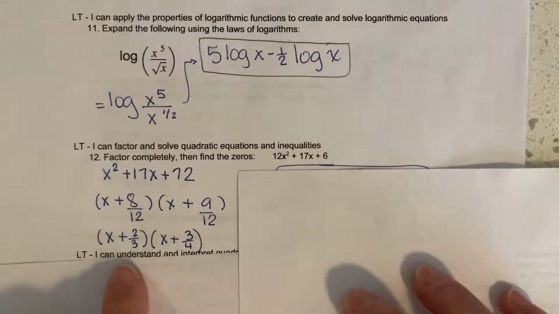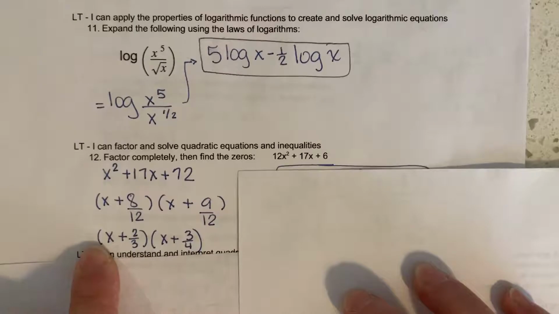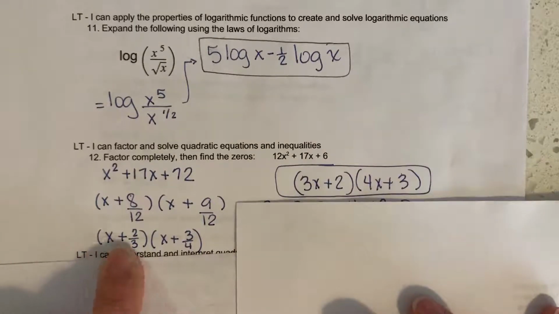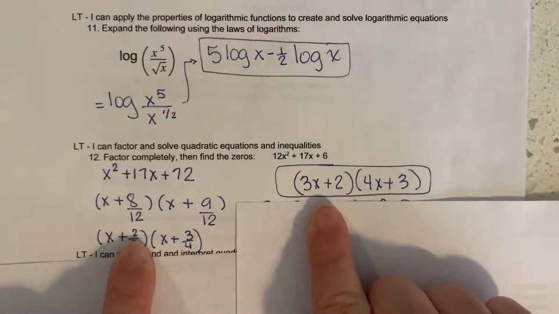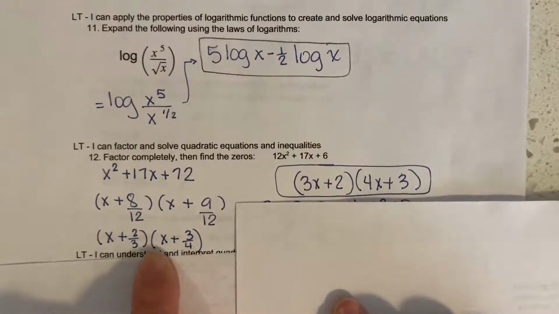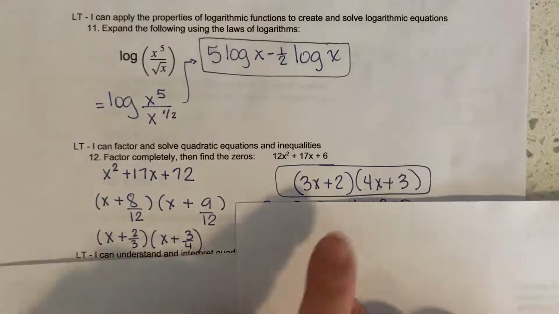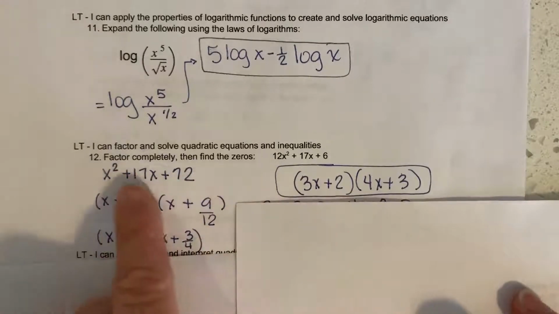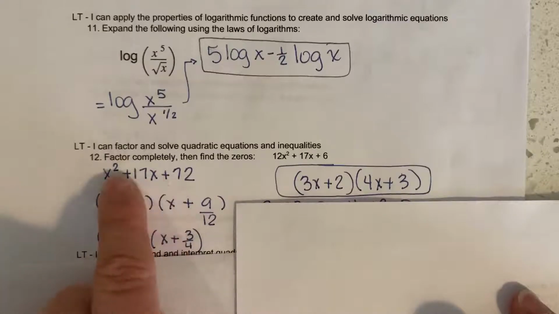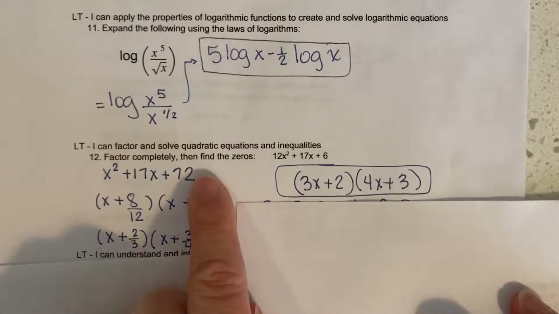All right, now, part of the slide method is you have to slide that denominator back to the front. So this 3 goes to the front and gives you 3x plus 2, which is here. And then this 4 slides over there and gives you 4x plus 3, which is here. So that's the first part, the factor completely part. Now we still have to find the zeros.